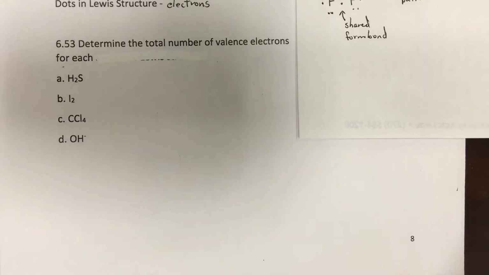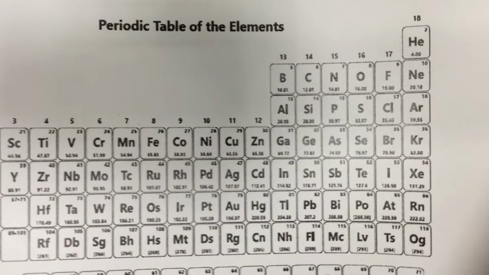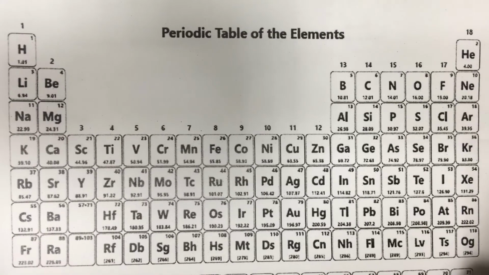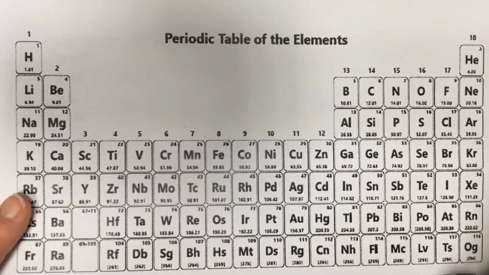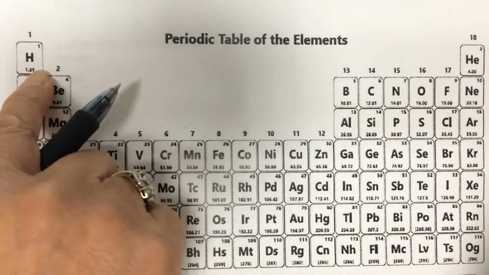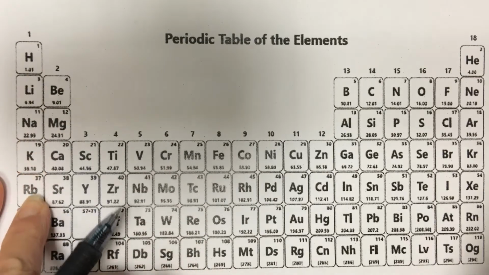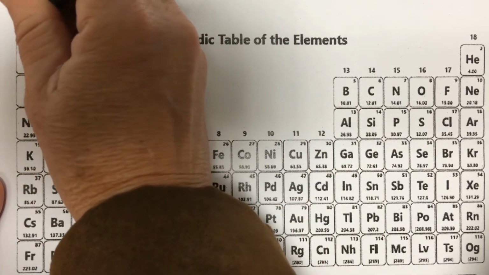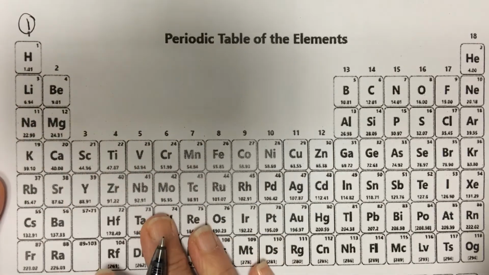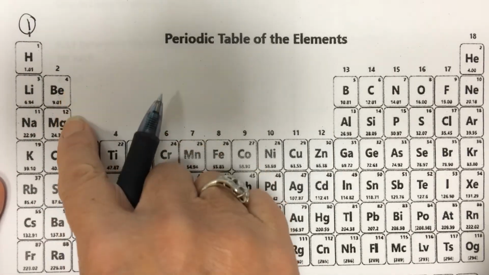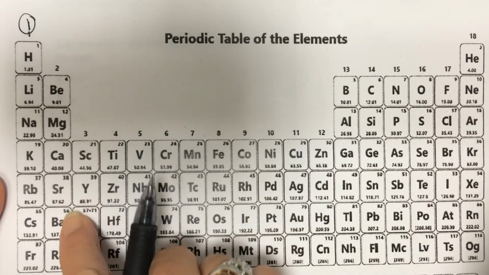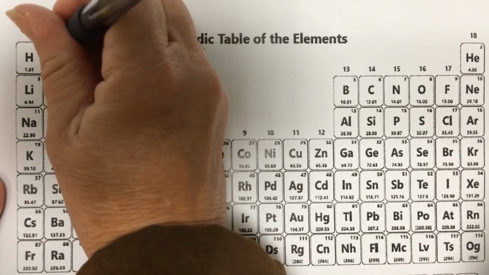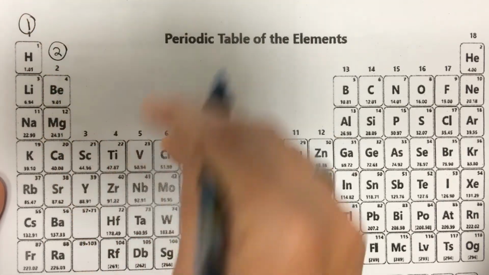Remember when we looked at our periodic table and we figured out valence? The hydrogen, lithium, sodium, potassium, rubidium, they all have 1 valence electron. Beryllium, magnesium, calcium, strontium, barium have 2 valence electrons.